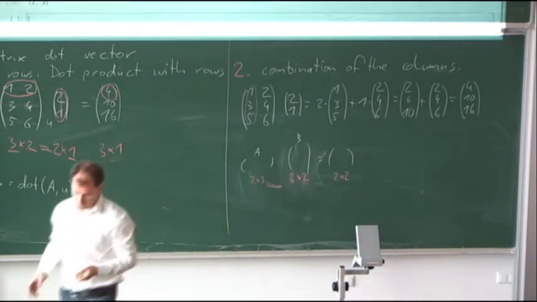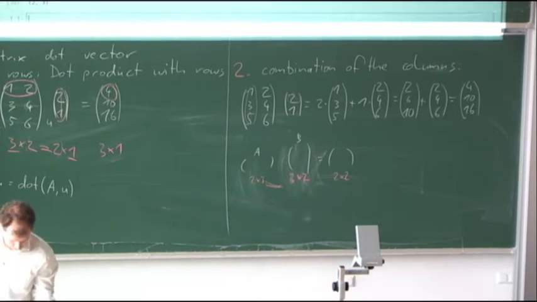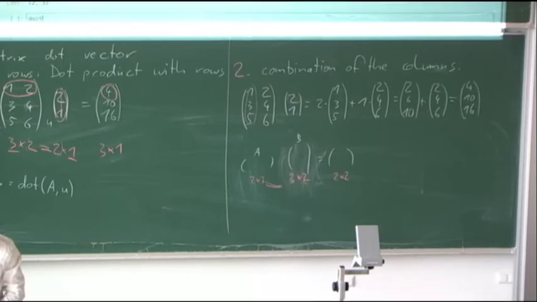Okay, so let's transpose B. I just say A dot B transpose. And this is the result. So it's a matrix, 2 by 3 times 3 by 2.